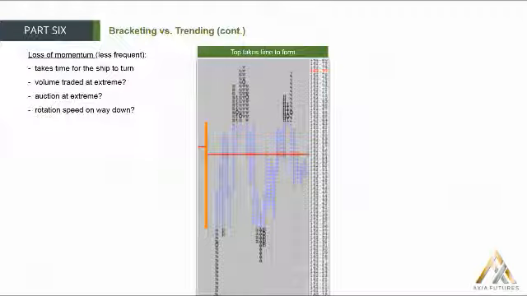And remember what we said, in a very strong auction process, we don't want to see a lot of facilitation at what we deem premium prices or discount prices. When we see a high amount of volume being facilitated, it's telling us there's quite a lot of acceptance at that price point. And remember, highs and lows are not made on acceptance.